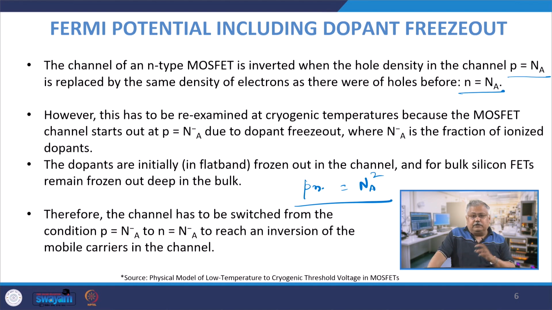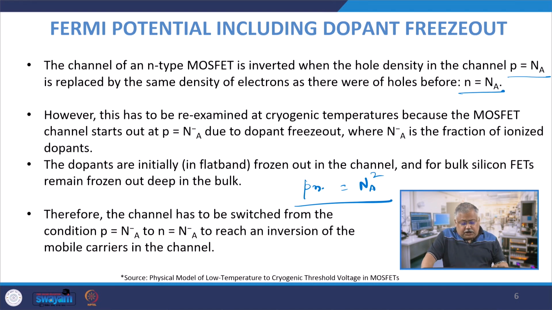However, at cryogenic temperature, because of dopant freeze out, the MOSFET channel actually starts at P equals Na minus. Not all the charged particles are able to contribute, and therefore Na minus is basically the fraction of the ionized dopant. So, if I say that Na minus is just 80% of the total, it primarily means that 20% of the dopant species have not been ionized.